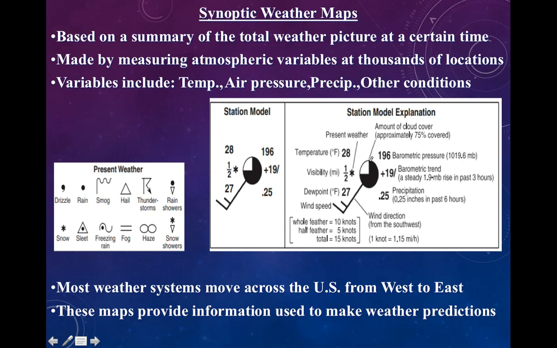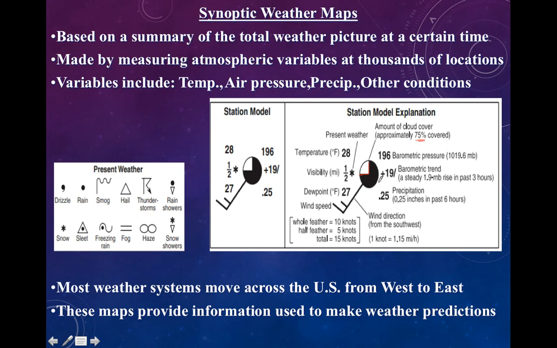What you want to look at is how much of the circle is shaded in. And you could see here that this whole area here, 75% of the circle is shaded in. So if they were to ask you on this station model how much cloud cover there is, you would say 75% cloud cover. So I would call that a mostly cloudy sky.